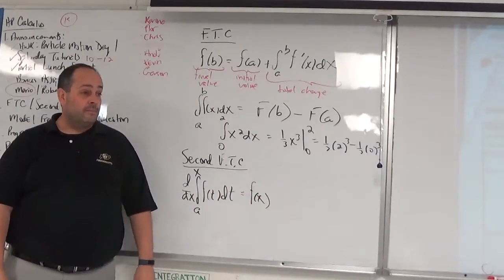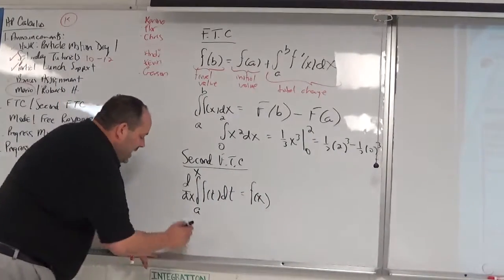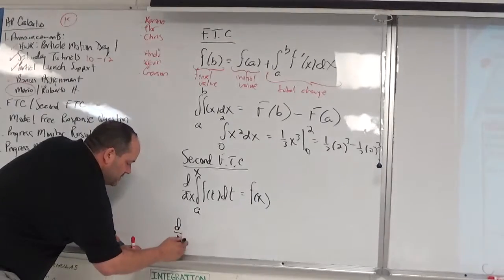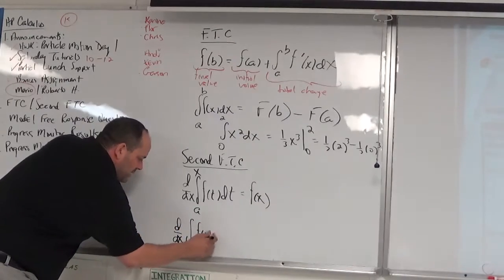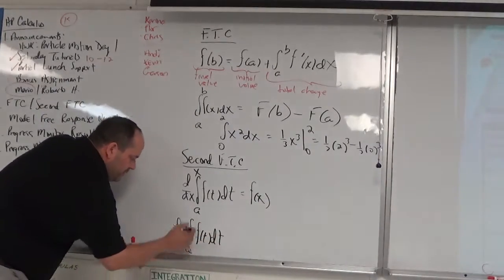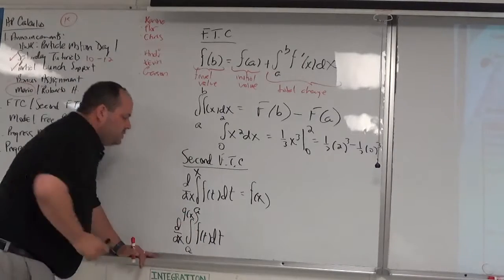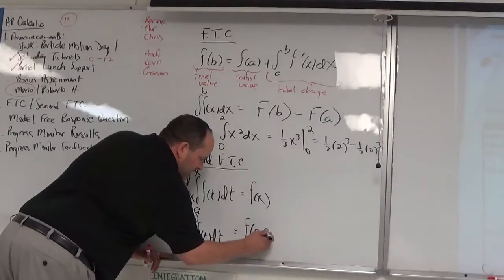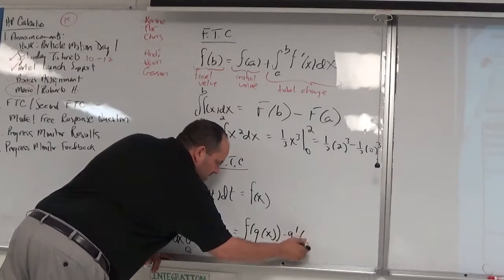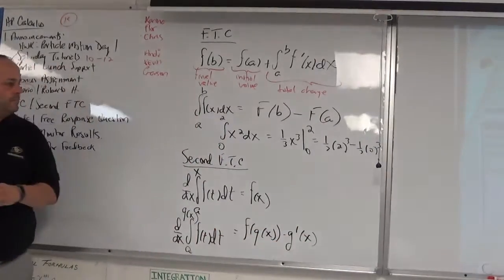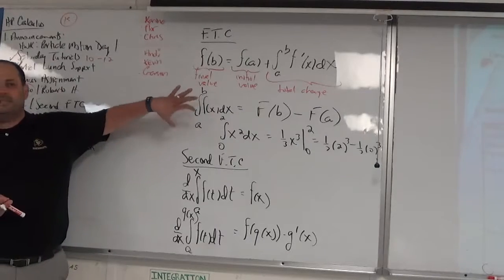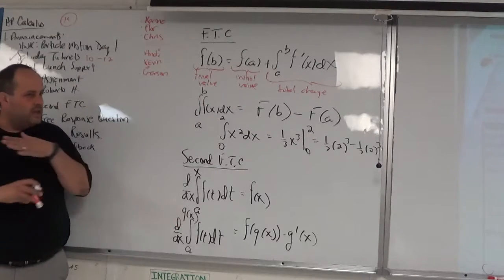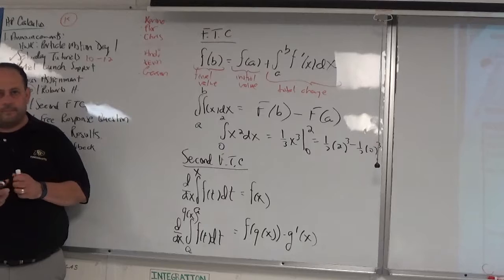Plug in. That's it. And then there's the extended version, the derivative of the integral of a function from a constant to some other function. This is f of g of x times g prime. Second fundamental theorem of calculus. That's where we're spending the rest of today.